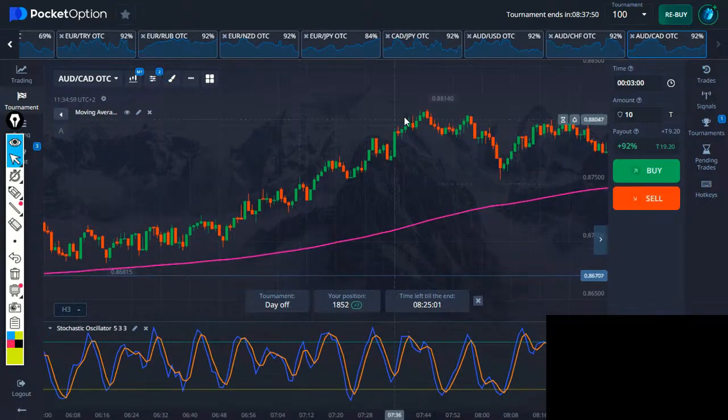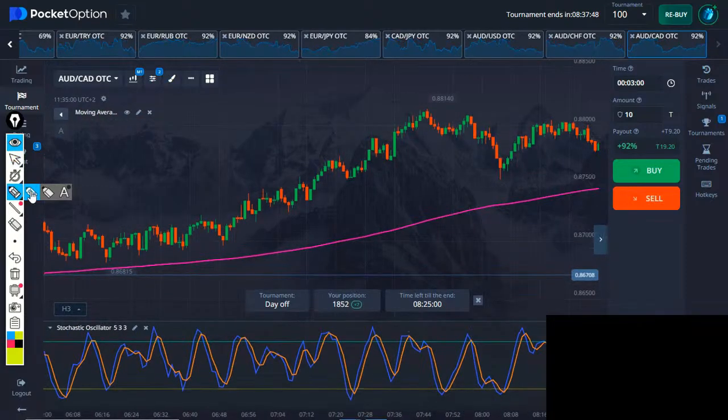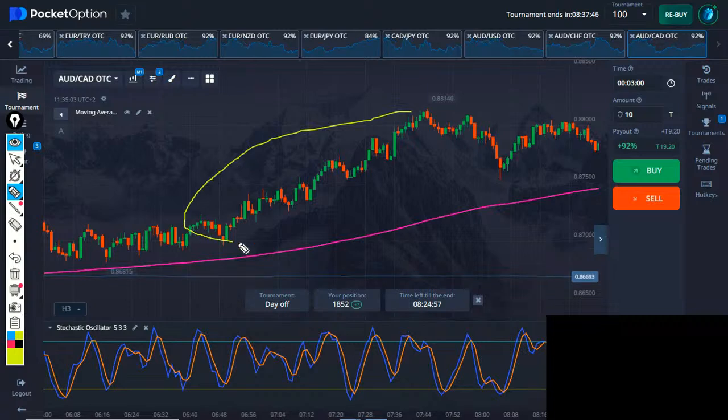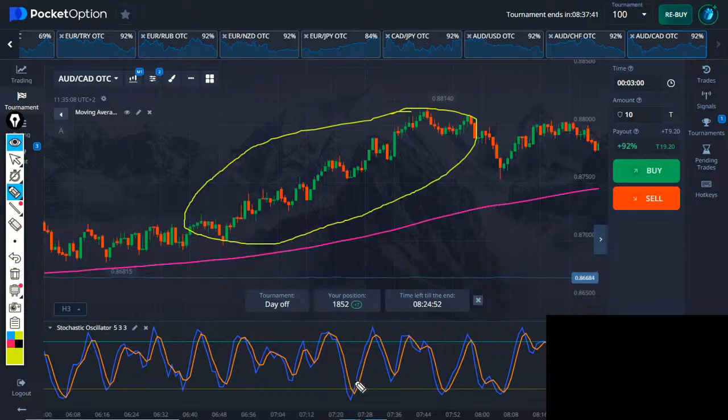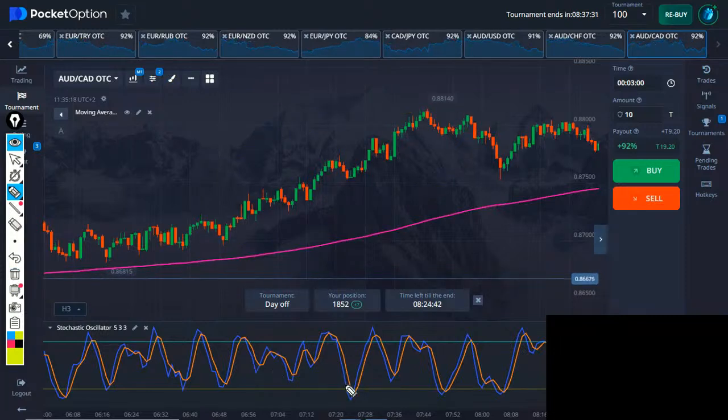We need to see the price moving above the EMA, so we are only taking buys in this case. We need to see an oversold stochastic and a clear crossover to the upside. See that? Look here. Both lines cross over and push to the upside.